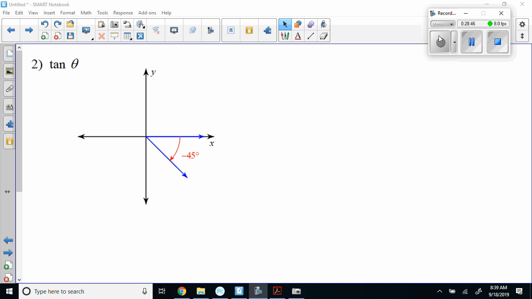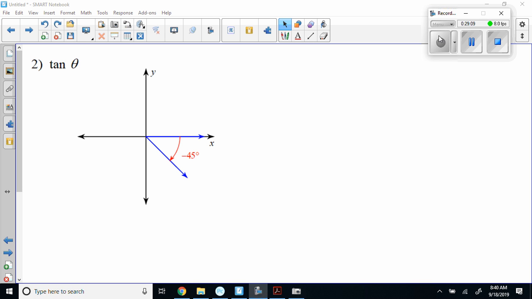I'm talking about. Okay. Look at your unit circle. Do you have negative angles? Do you have negative angles on that unit circle? No. You do not have negative angles.